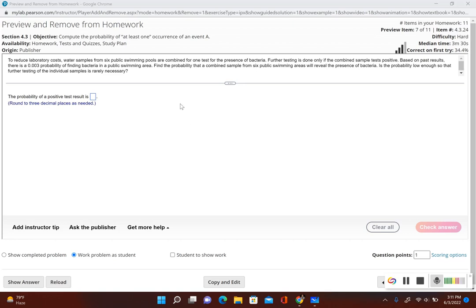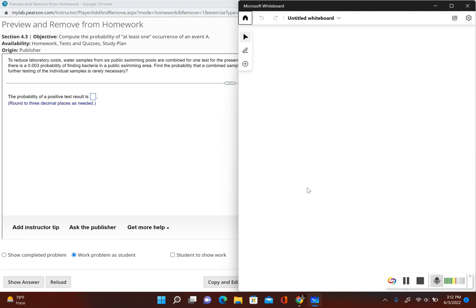Okay, so now in this particular problem, it's saying that there is a probability of 0.003 that the sample will test positive. So if the probability of it testing positive is 0.003, then the probability of that sample testing negative would be 0.997.